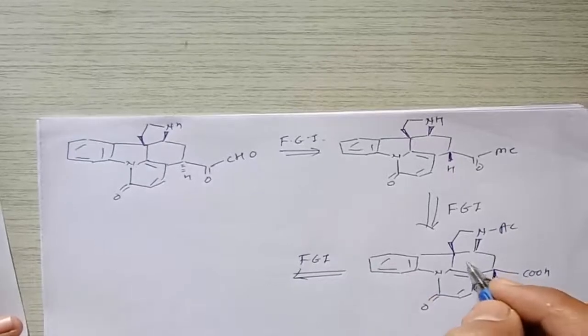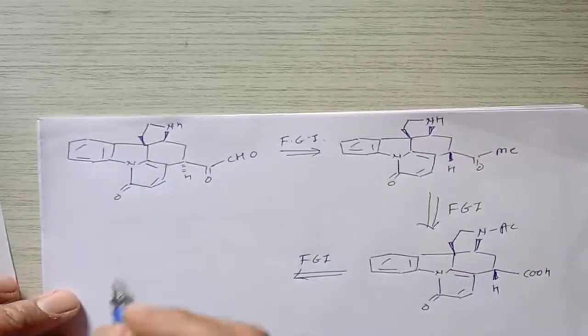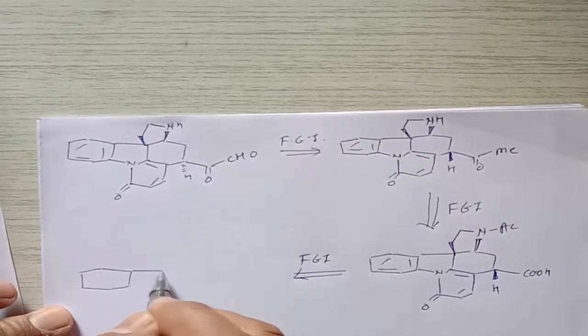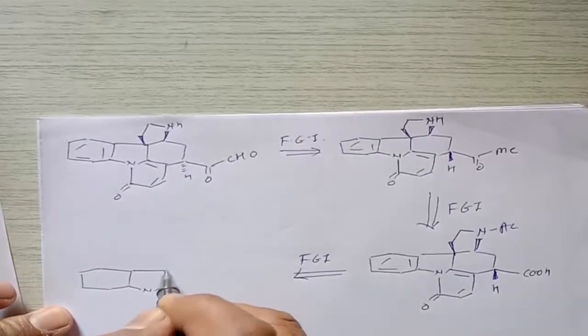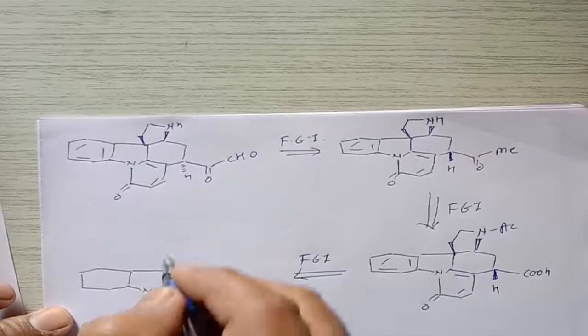That means this is a 6-member ring, and in this 6-member ring we can introduce an enol group here, and after that we can break this ring, right? So after converting to this enol group, what we get is nitrogen, a 6-member ring, then again a 6-member ring containing carbonyl as well as a carbon-carbon double bond.